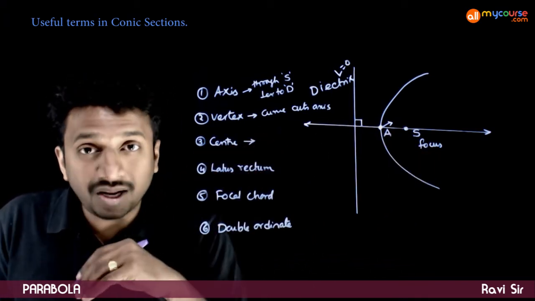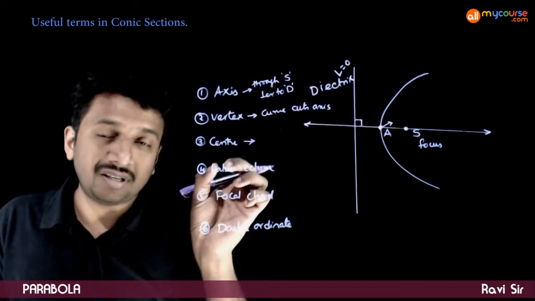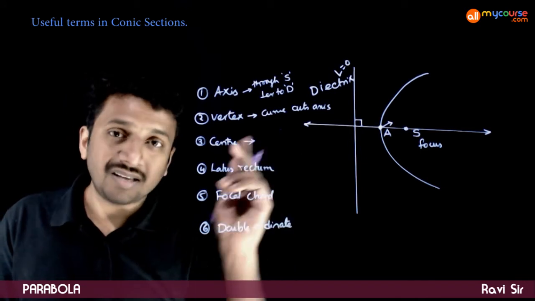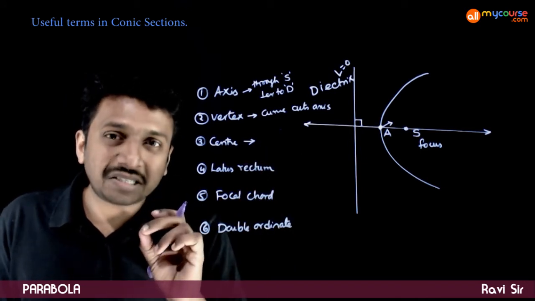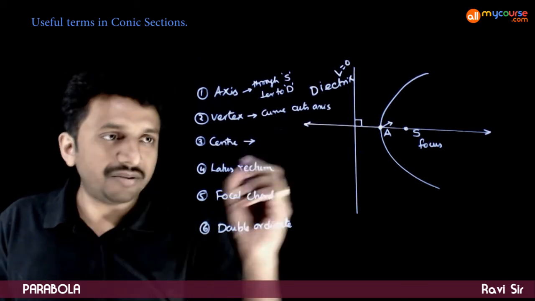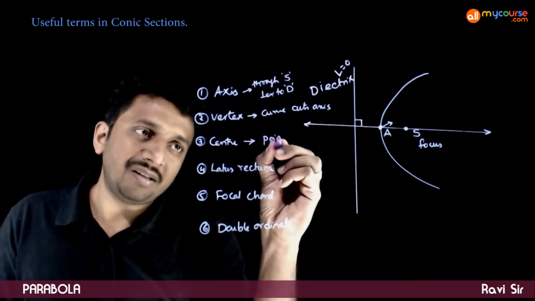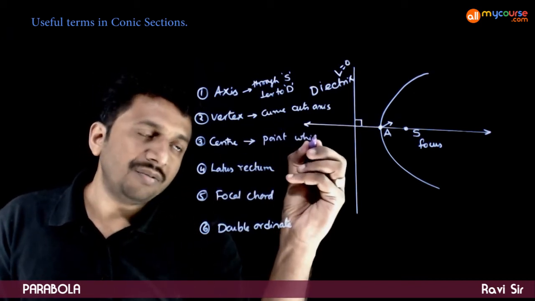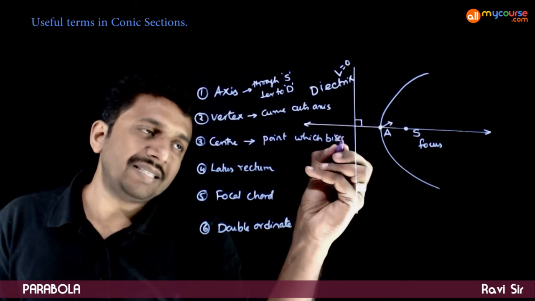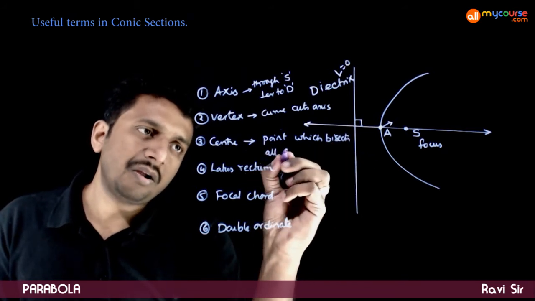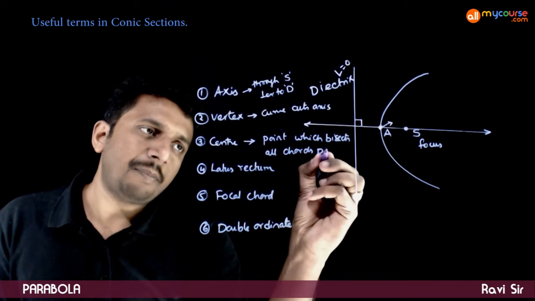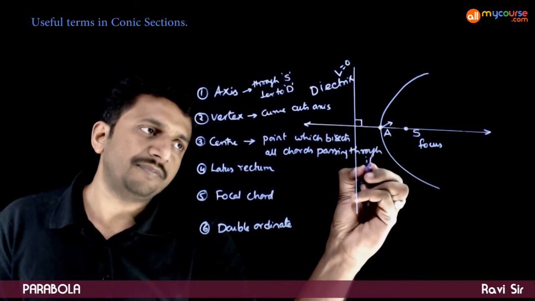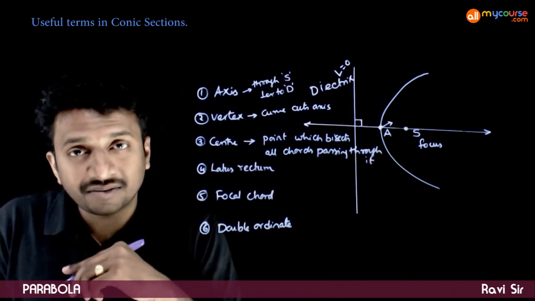Next, what is the center of the conic? The center of the conic is a point which bisects all the chords passing through that point. If it is present, it need not always be present, a point which bisects all chords passing through it is called a center.